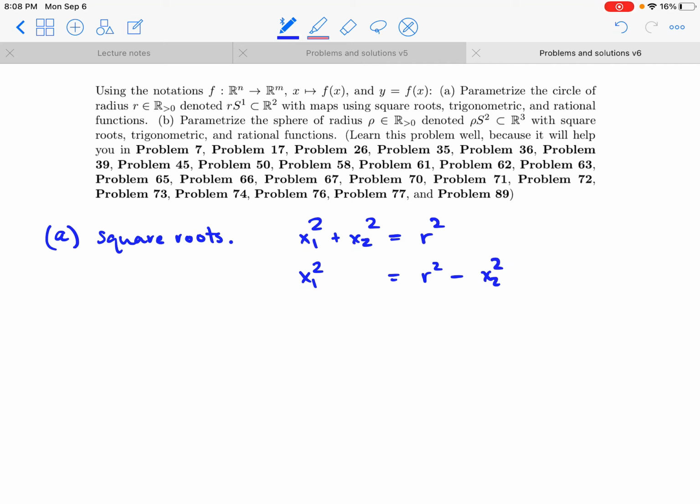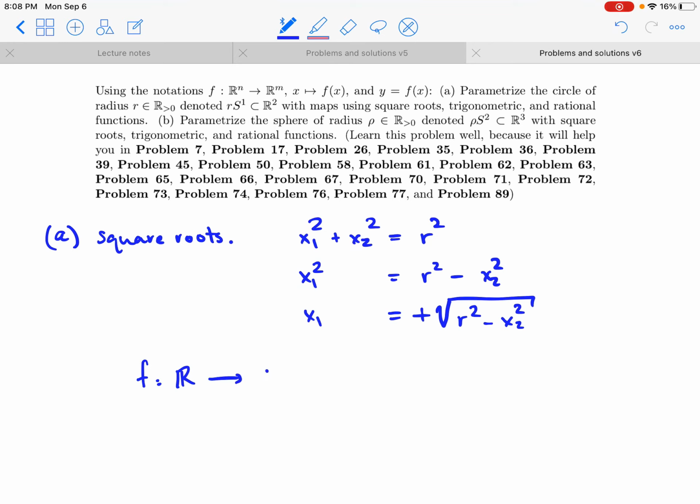And then at this point, I again have a choice of two things. I could do the positive square root or the negative square root. So we'll just pick one of them, say the positive square root. Now, what does it mean to parametrize the circle?